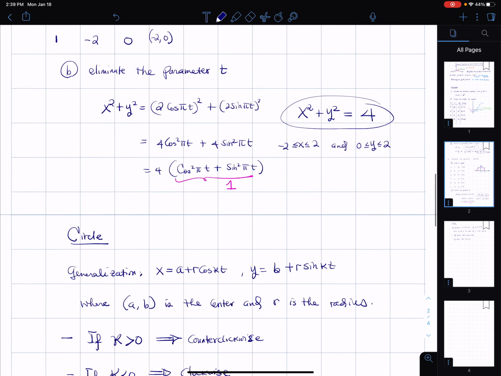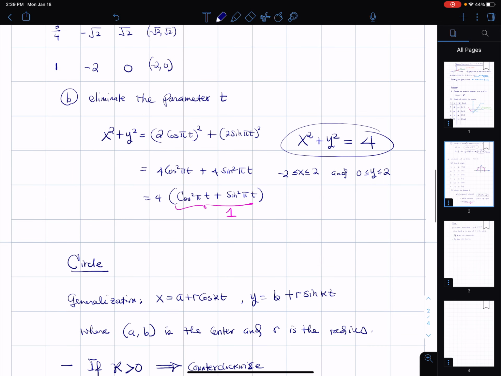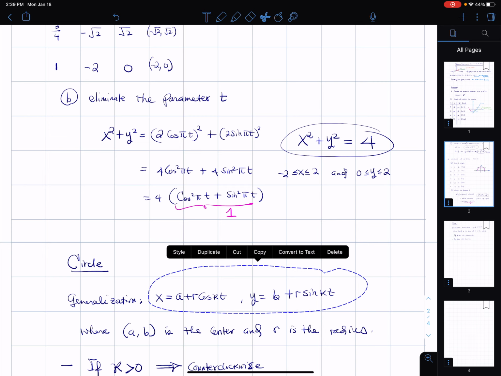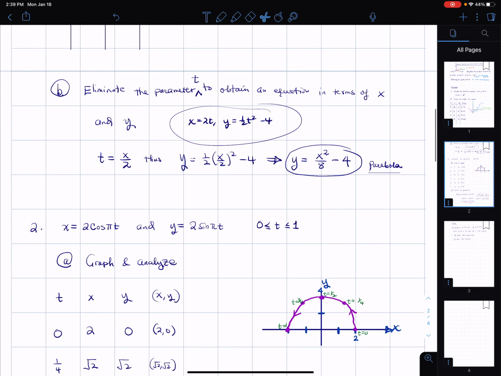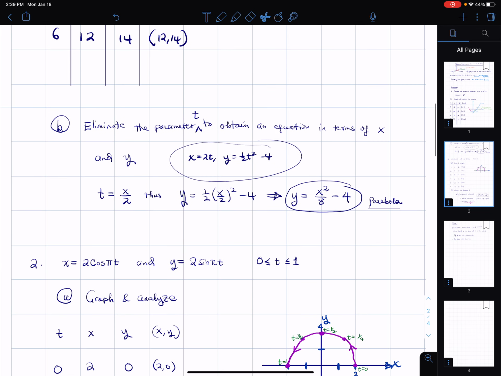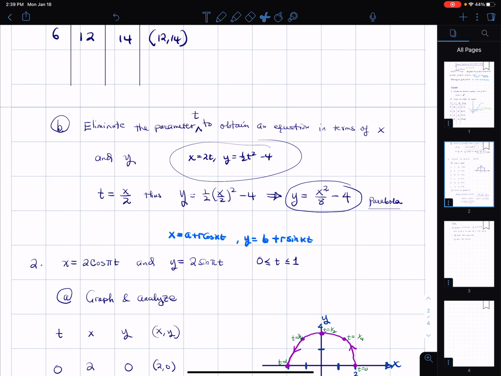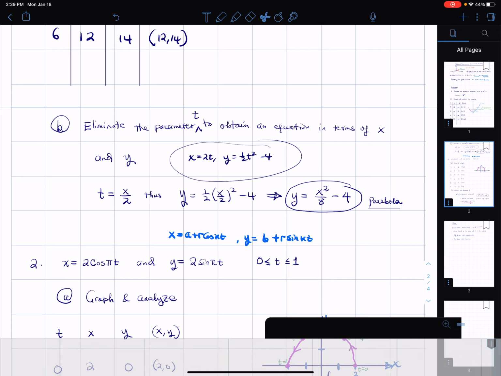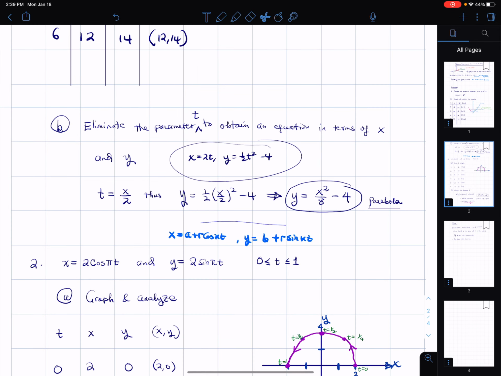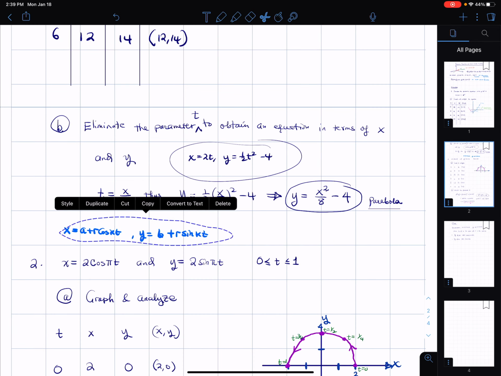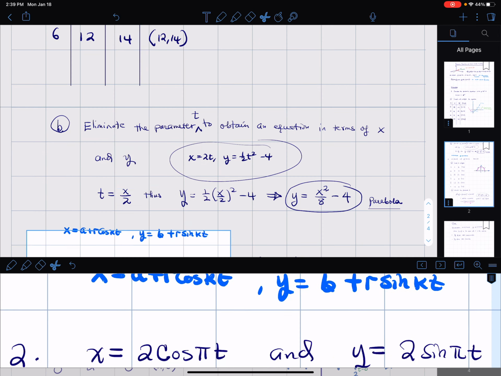Okay. So let's compare this to what we had over here. All right, so this is the general equation. So let's compare it to what we have.